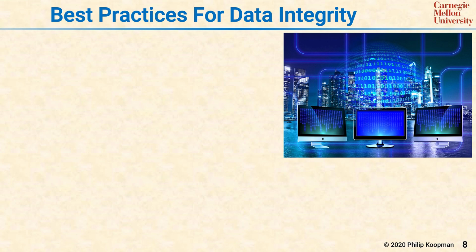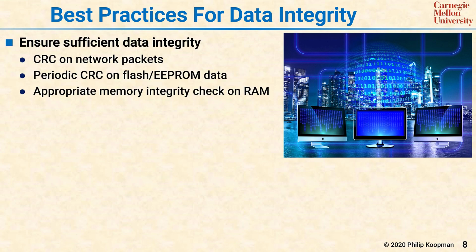You should add a CRC on your flash and non-volatile memory data and periodically check it to make sure the bits are still the ones that are supposed to be there. And you should use an appropriate memory integrity check on RAM depending on the criticality of your system and the degree to which you have multiple redundant RAMs with the same value at the architectural level rather than just being managed by software.